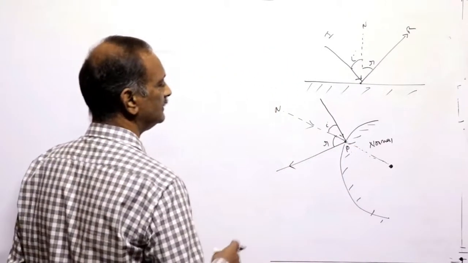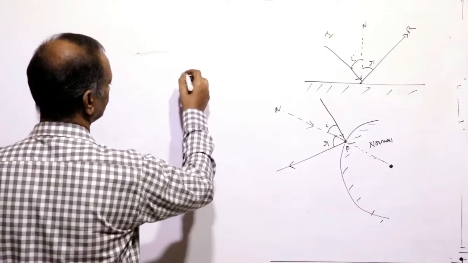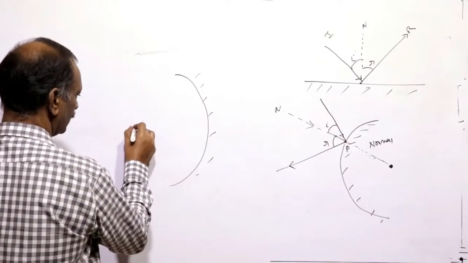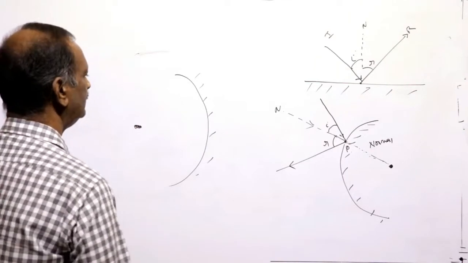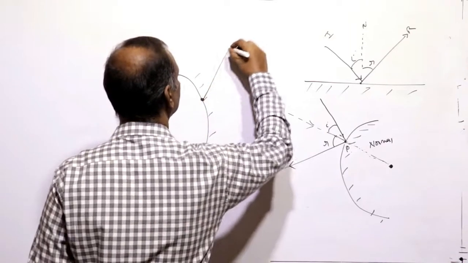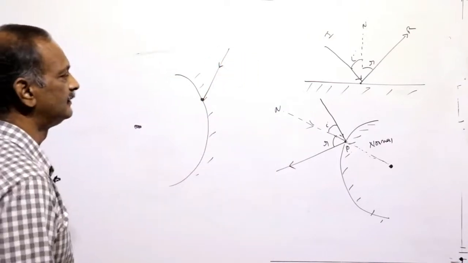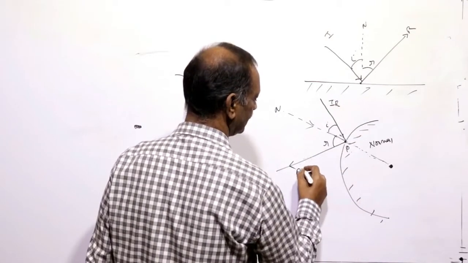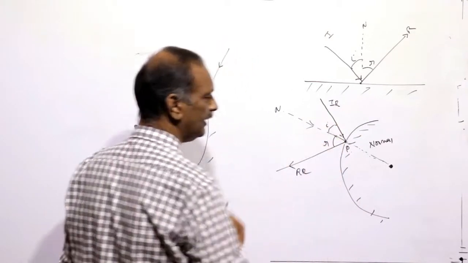Suppose you have a point like this, and the center comes here. At this point some light is incident, say like this. So this is I, the incident ray, this is the reflected ray, this is the normal, the angle of incidence, the angle of reflection.